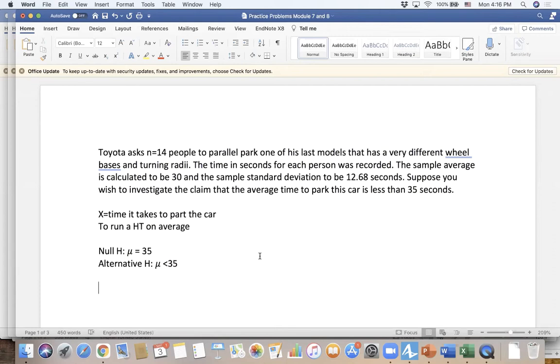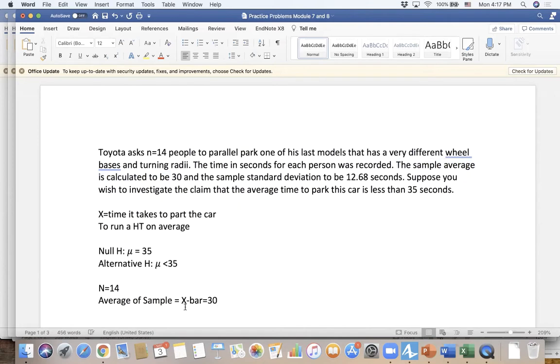14. Okay, so it says the Toyota asks n equal to 14 people to do the test. So our sample size is 14. And then what is the average of the sample, or X bar? It says here, the sample average is 30.